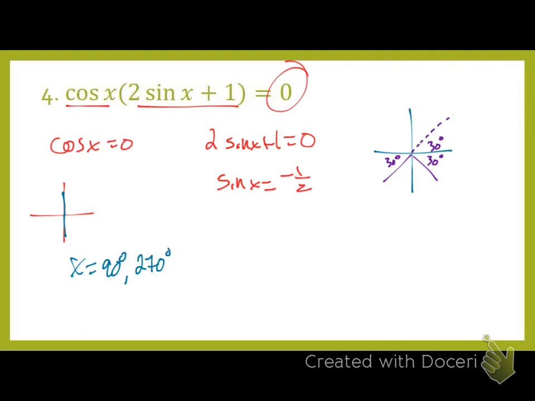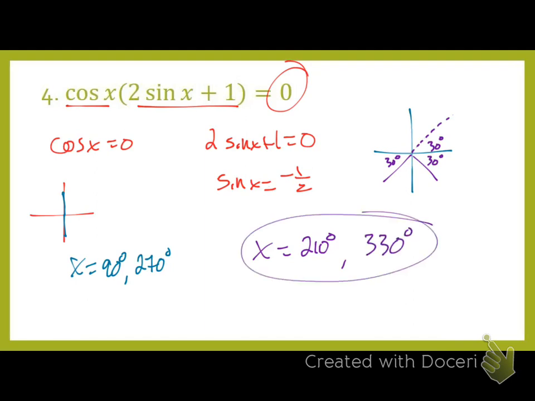And that's going to help me find the angles that I want as solutions. So if I add 30 to 180, I get 210. If I subtract 30 from 360, I get 330. And so there are two more solutions. So we want 90, 270, 210, and 330.